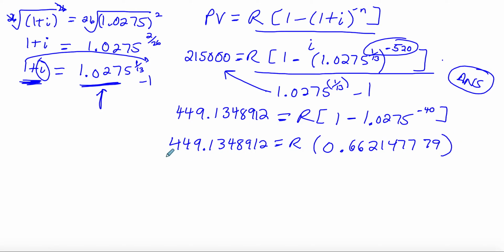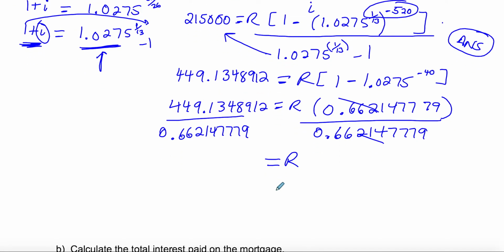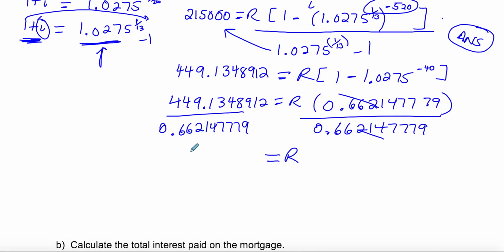And then I would have to divide both sides by that so that they cancel out on this side. And then I would have my regular bi-weekly payment. When I divide, it is $678.30. So therefore, the bi-weekly payment is $678.30.